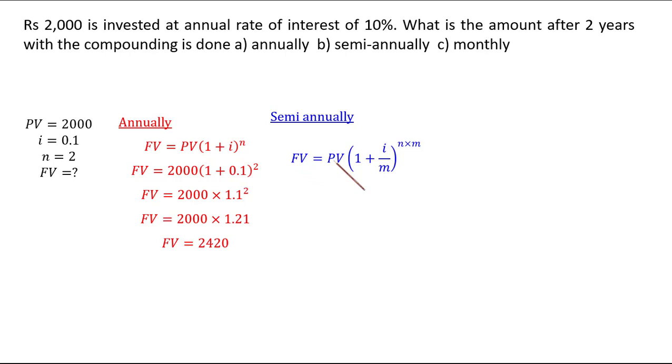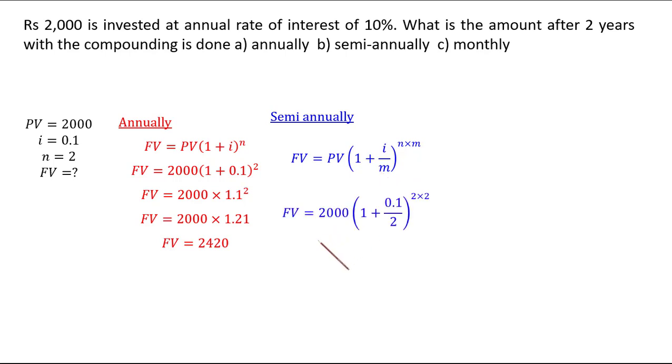FV is equal to PV into 1 plus i upon m, where m is the number of times the compounding is done. So in semi-annually, the compounding is done 2 times a year. So the value of m over here is 2, raised to n multiplied by m. So just raised to n is now followed by n multiplied by m, and over here we divide by m.